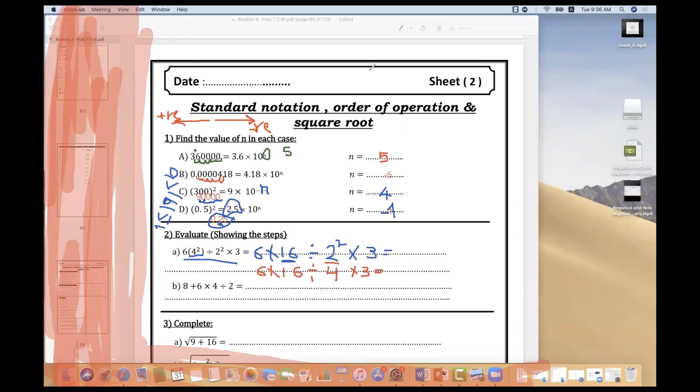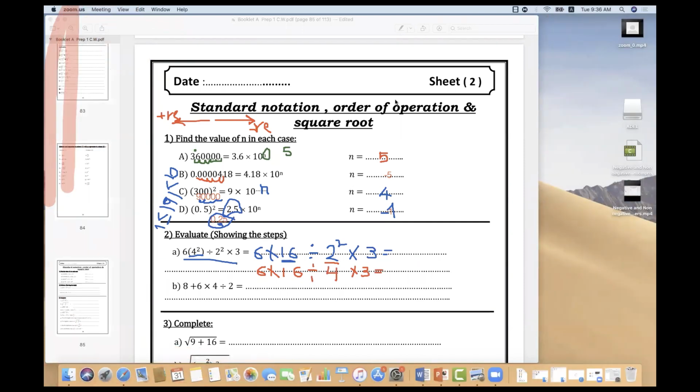6 times 16, excellent. This operation is number 1. 6 times 16 will be 96.